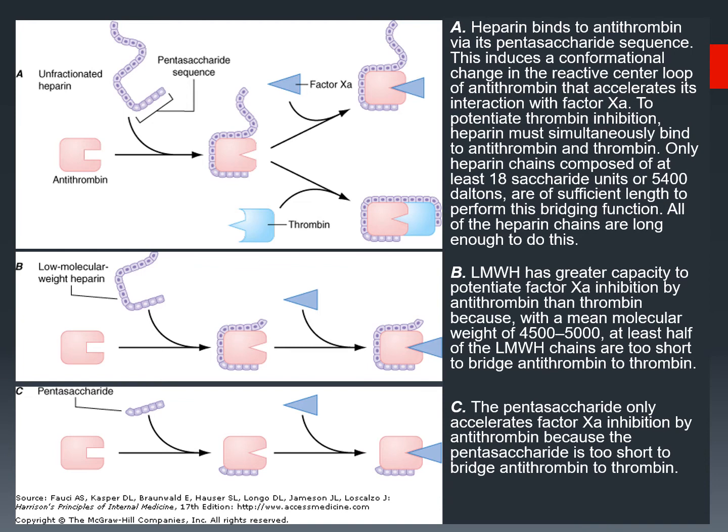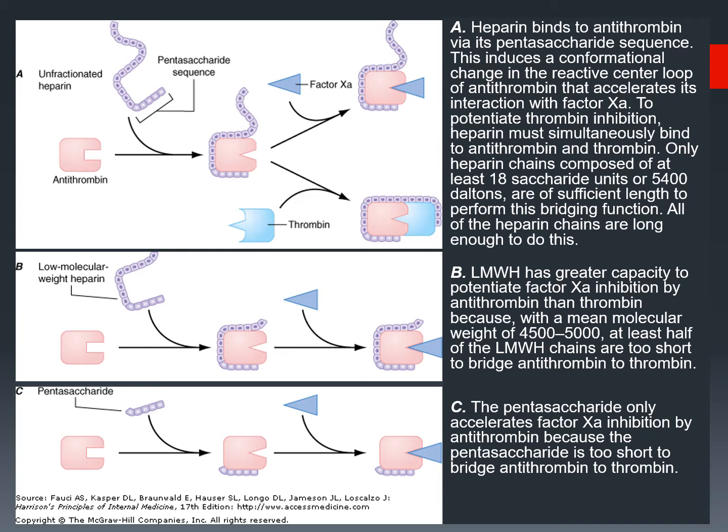Here is a figure that will show you the differences between our heparin-like products. We have unfractionated heparin in the top, figure A. That potentiates the activity of antithrombin 3 to become semi-selective but equal opportunity. It can bind to either 10A or 2A pretty equally, so we don't have selectivity with unfractionated heparin.